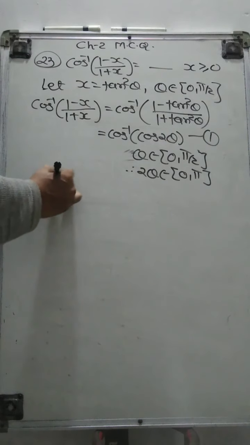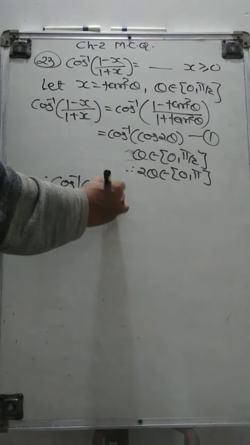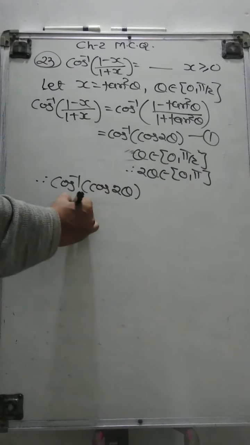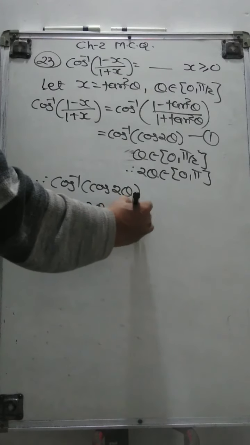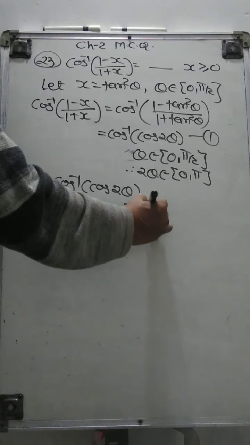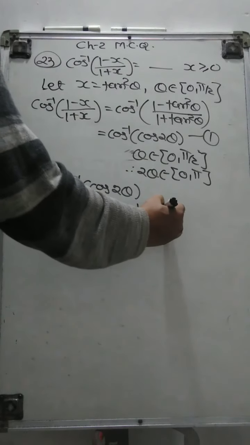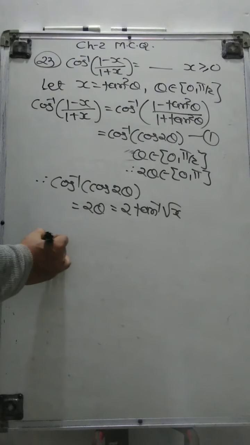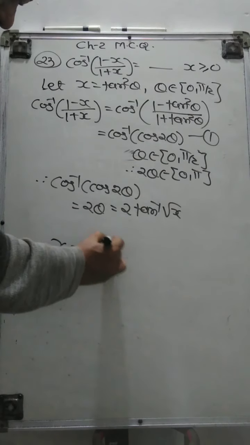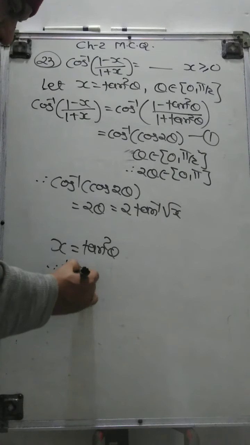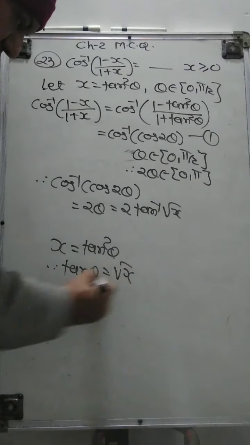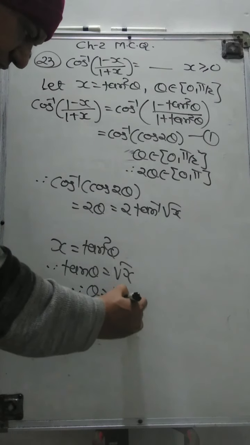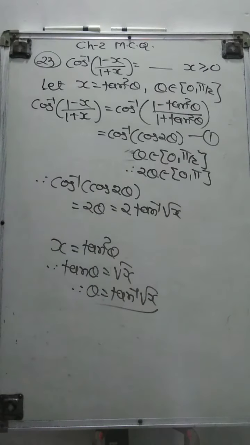So therefore we can say that cos inverse cos 2 theta is equal to 2 theta, which is 2 tan inverse root x, because here x is tan square theta, therefore tan theta is root x and theta is tan inverse root x, right? So this way we can obtain the answer. Okay.